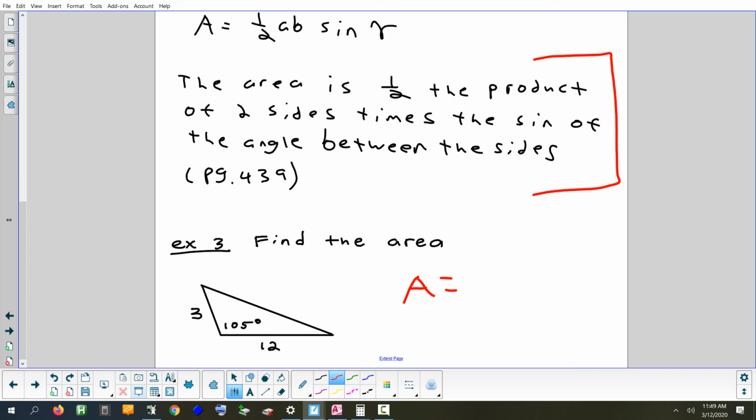So, to find the area of this triangle, if I knew the base and the height, I'd just do it how I learned in geometry. 1/2 base times height. I don't know the height, so let's use the new formula. What would I write down in that box to find the area of this triangle?